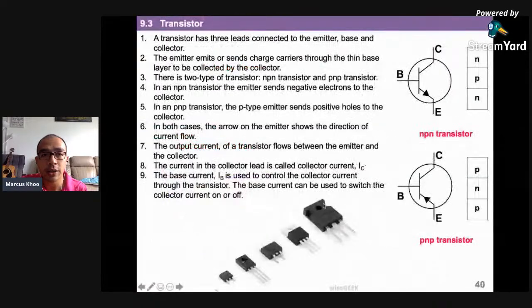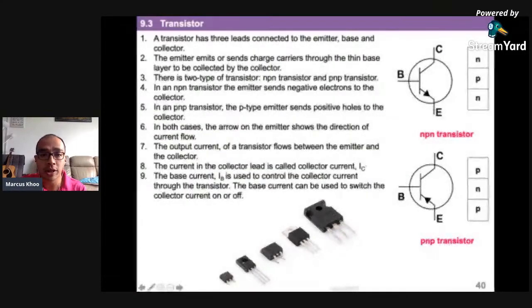Okay, now another use, which is what we're going to look at today, is transistors. Transistors is another electrical component that is very important in any electronics device, pretty much like the diodes. Diodes are also important. Transistor is also another important one.